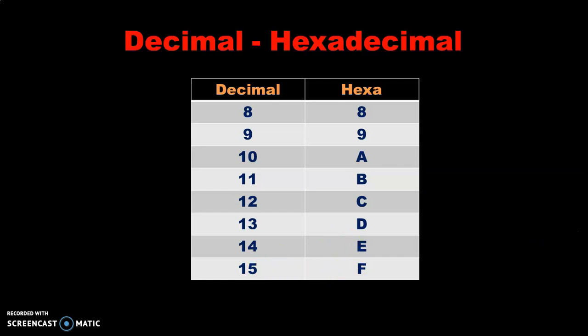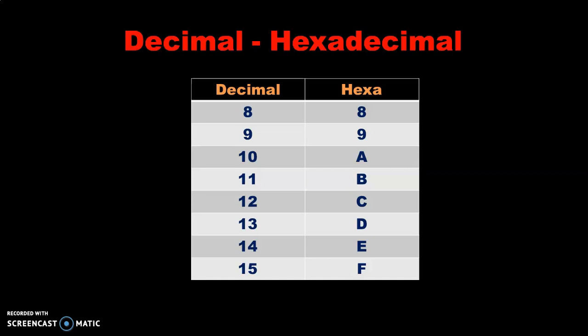As I said earlier, in case of hexadecimal number system, we have a total of 16 digits. So 0 to 9, that is 10 digits, is exactly equivalent, similar to the decimal number system. And for 10 to 15, for the next 6 digits, we have equivalent hexadecimal A, B, C, D, E, F. You must be very clear about what exactly the difference is between the decimal number system and the hexadecimal number system, right?